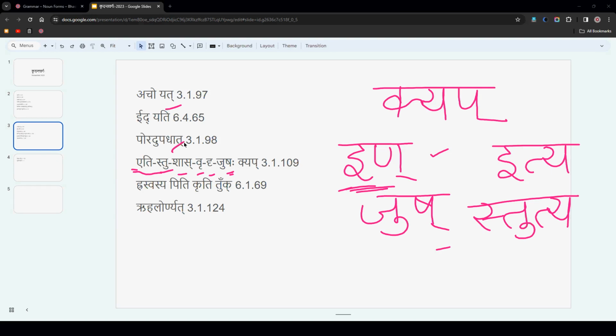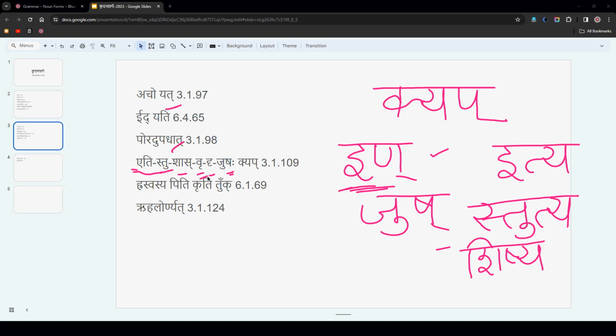So stutya means fit to be praised. Now shas: for shas we have a special form called shishya. Shas means shasana, to rule. Shishya means fit to be ruled, controlled, or advised, in this case.